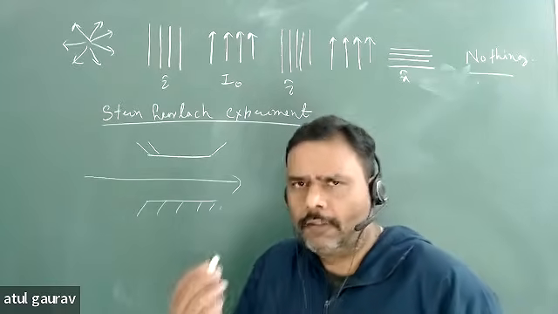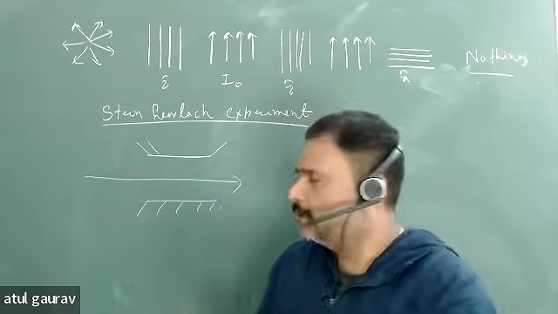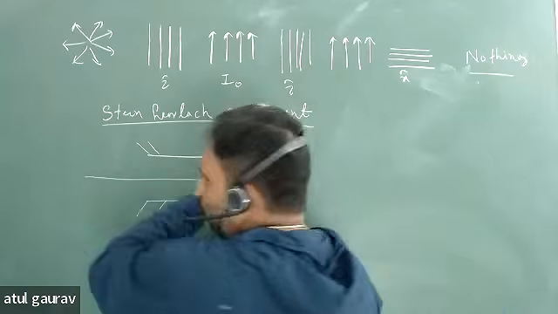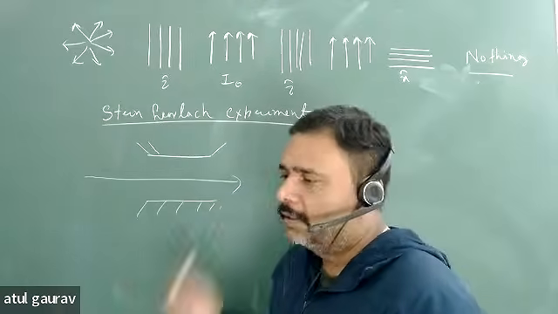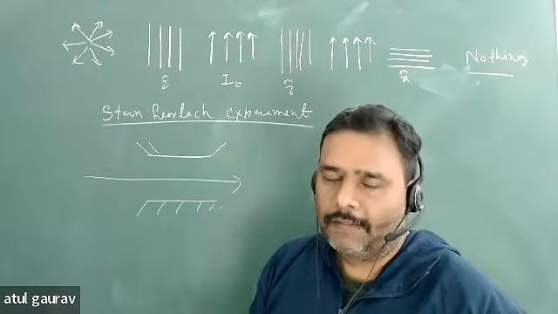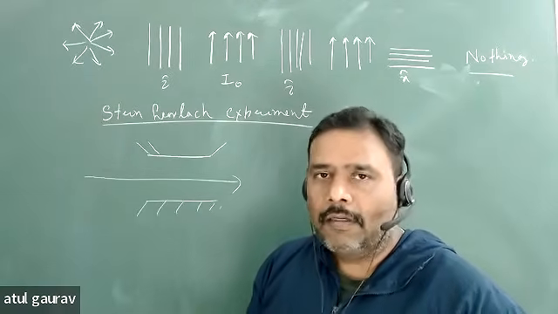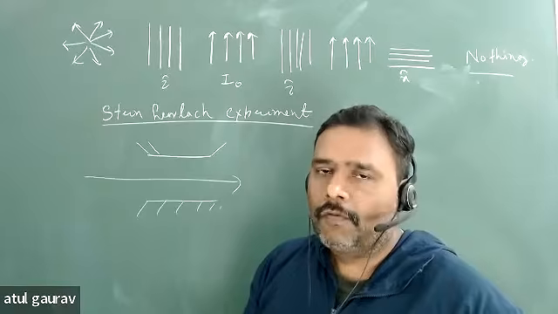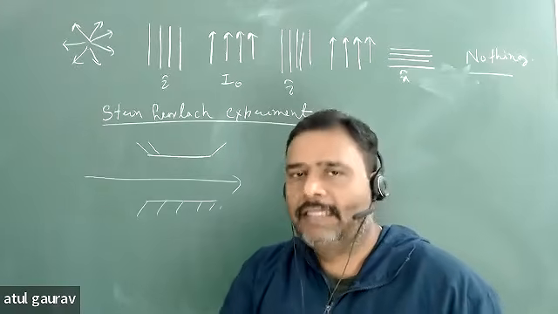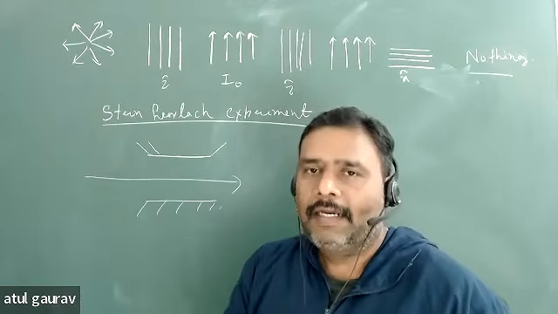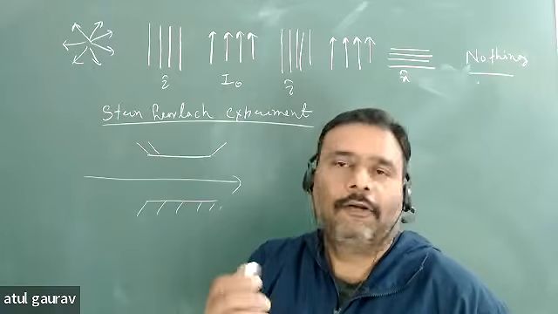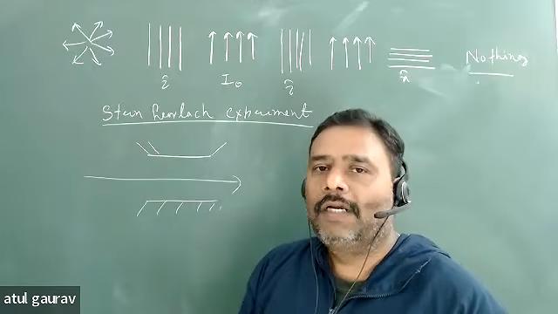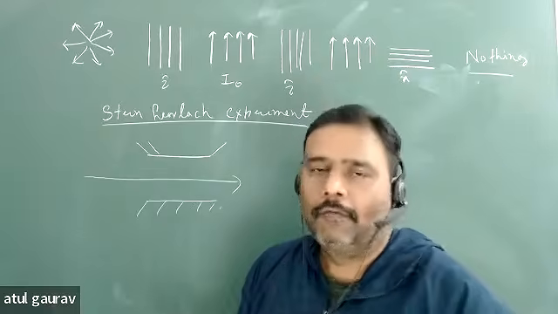Let us assume a silver atom is going to pass through this particular magnetic field. We know that the electron can move either in the clockwise direction or in the anti-clockwise direction. It can just spin either clockwise or anti-clockwise, so the magnetic moment will be either up or down.